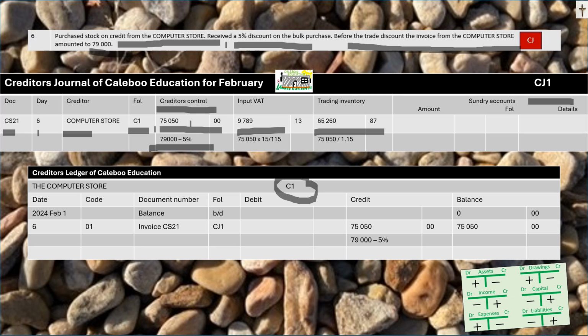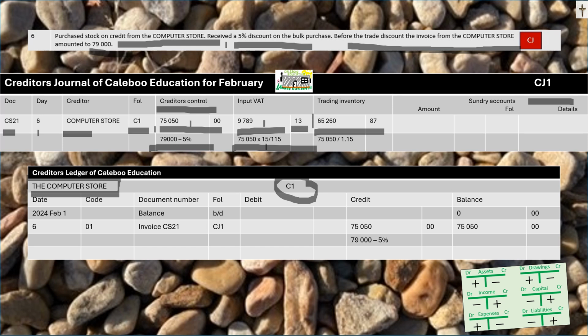I'm not too concerned here with the input VAT and the trading inventory, because remember the purpose of this video is to do the account of the computer store in the creditor's ledger. But just a little bit of revision: in order to calculate the input VAT, because this is a standard rated item, stock, we say 75,050 multiplied by 15/115, the VAT fraction. We can claim input VAT of 9,789.13.